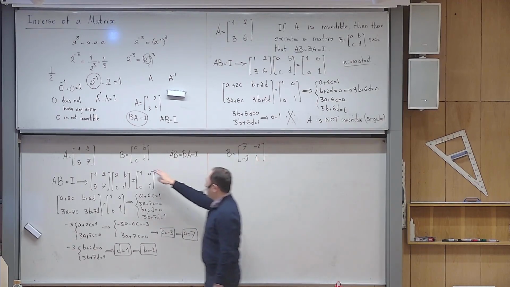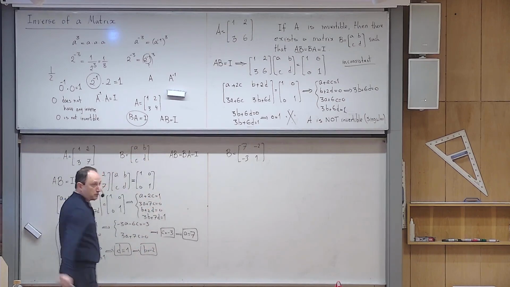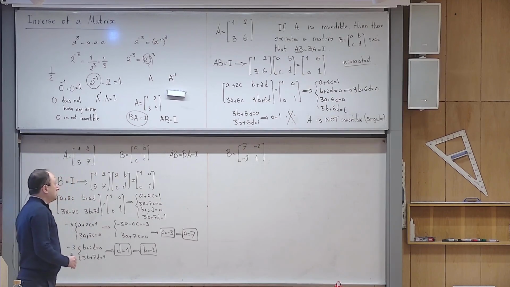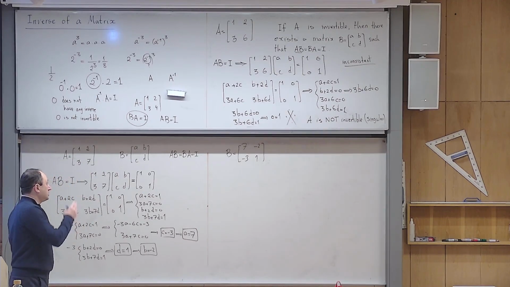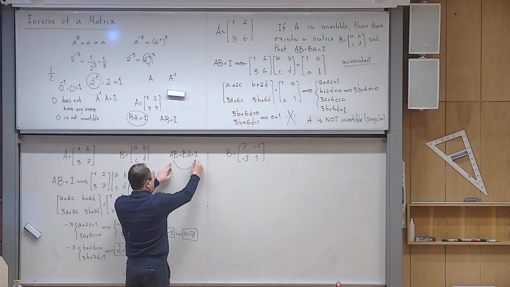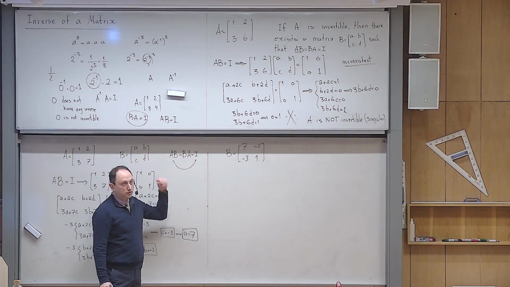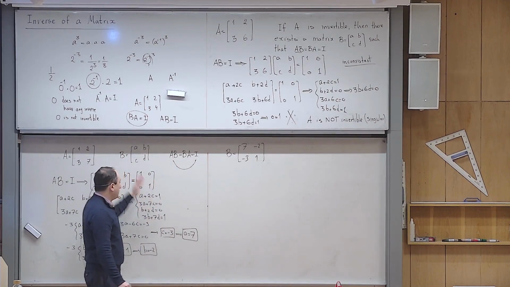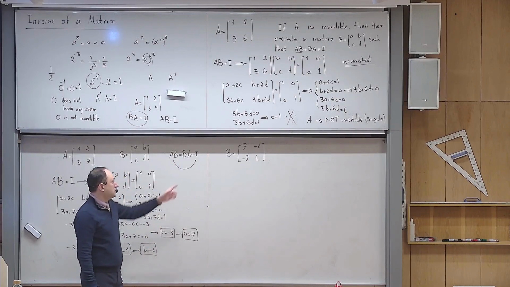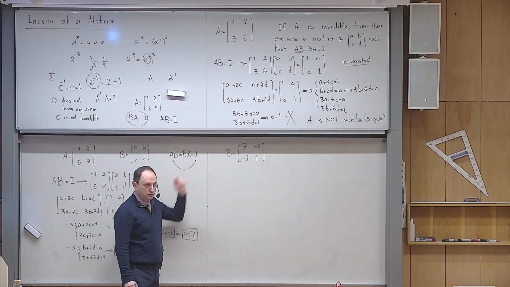Yes, so this was my matrix A, B, C, and D. I found these numbers, I put them back, so that's my B. But at this point, technically speaking, we are still not sure that this is invertible, because we just guaranteed equality between these two. But we have to also have the other equality. Instead of doing the whole calculation for the other way around to see if this is the same matrix, I will take the same matrix I found here and then multiply it in the reversed order to see if it works or not.